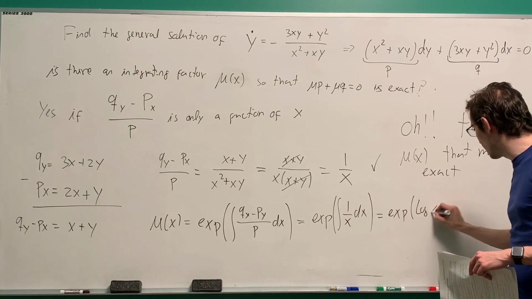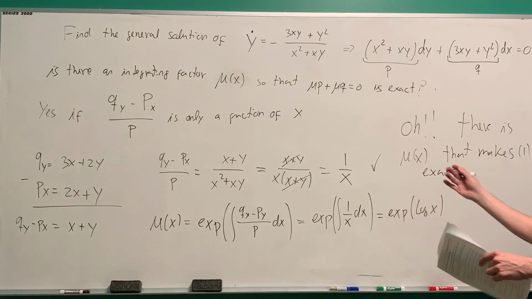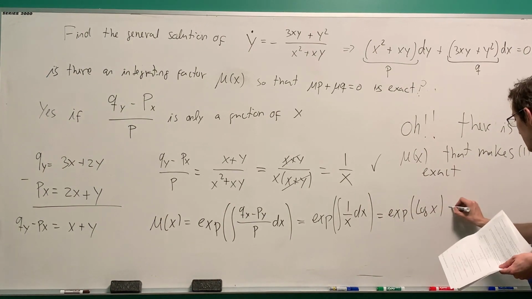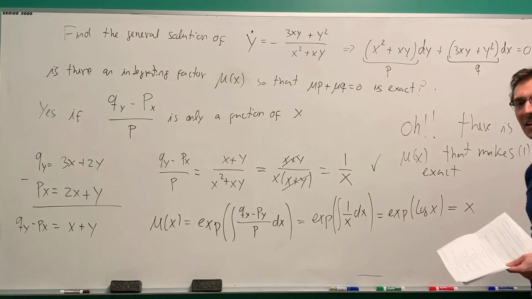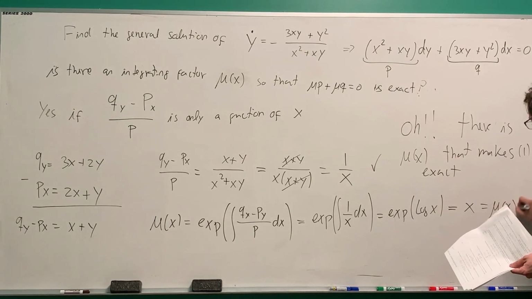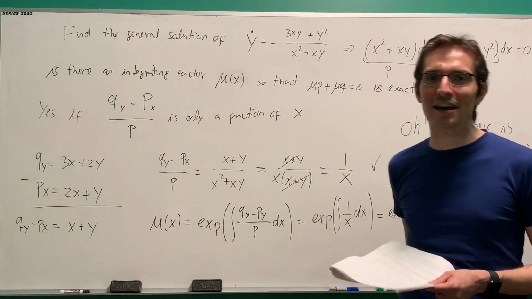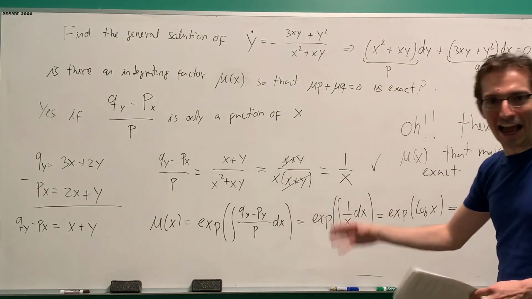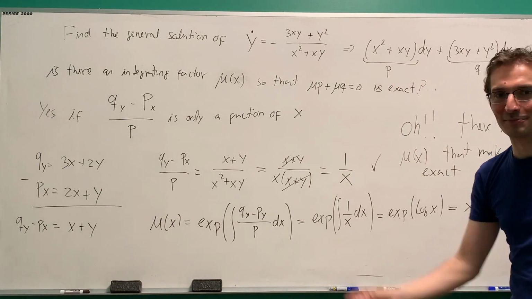I'm going to write the absolute value because I'm going to pick one solution, so it doesn't matter. So the exponential of log of x cancels, and this is just x. So we found an integrating factor, mu of x equals x, that makes this an exact equation. Let's implement it and see it. Let me erase the board and implement it and finally solve the equation.